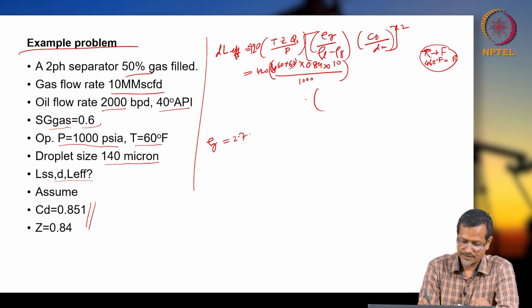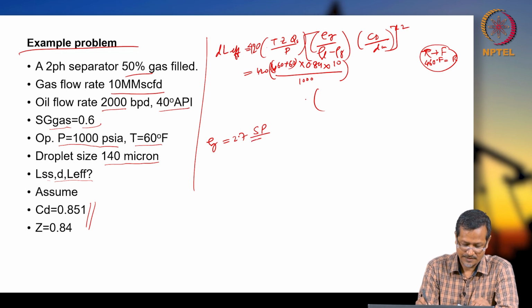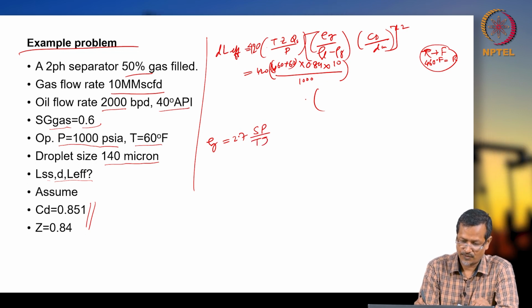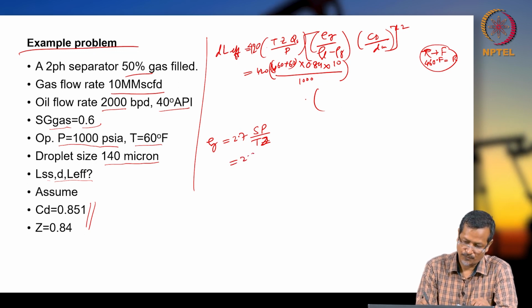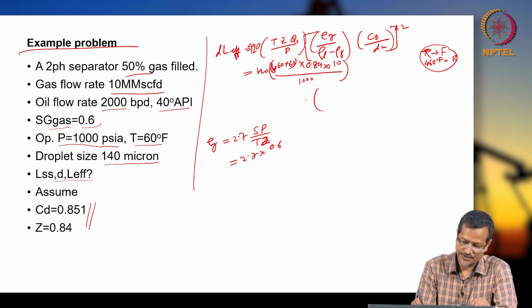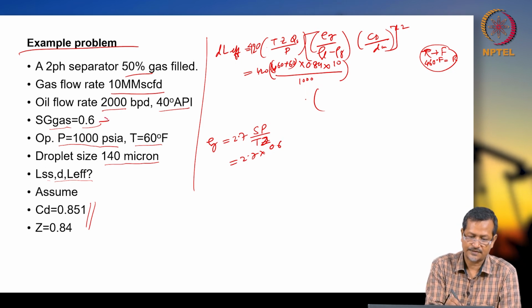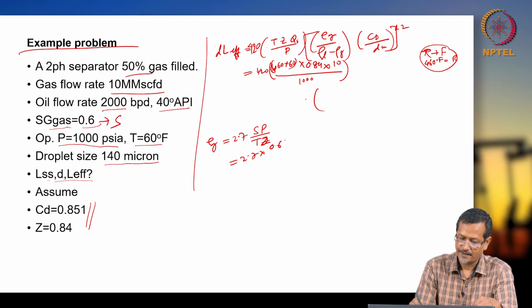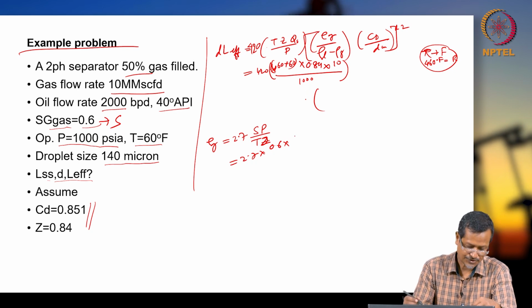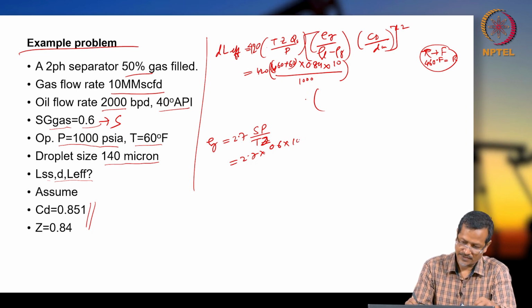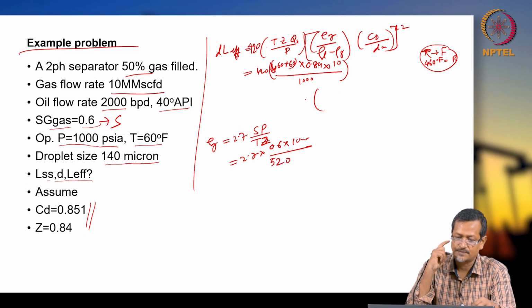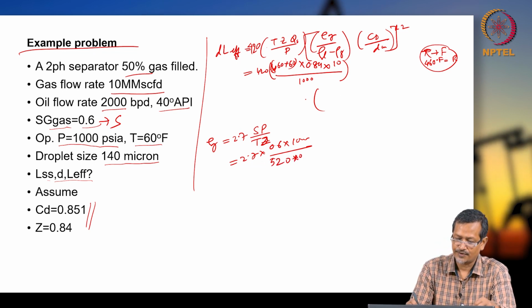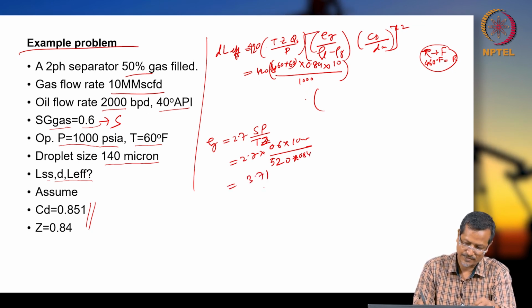Rho G equals 2.7 SP over TZ. This is the formula. S means 0.6, the specific gravity, P is your pressure 1000, T is 460 plus 60 equals 520, and Z is 0.84. This gives 3.71.